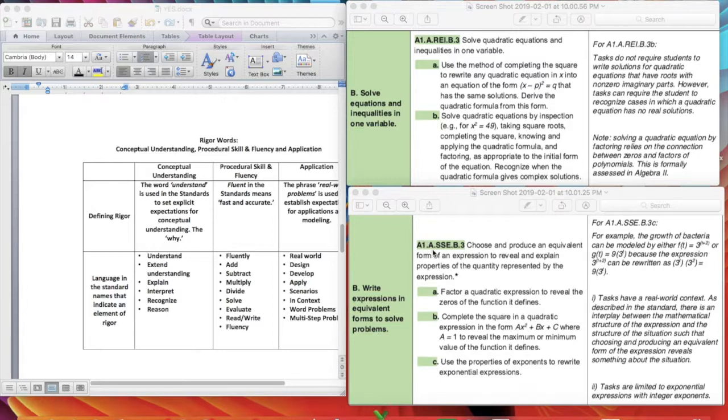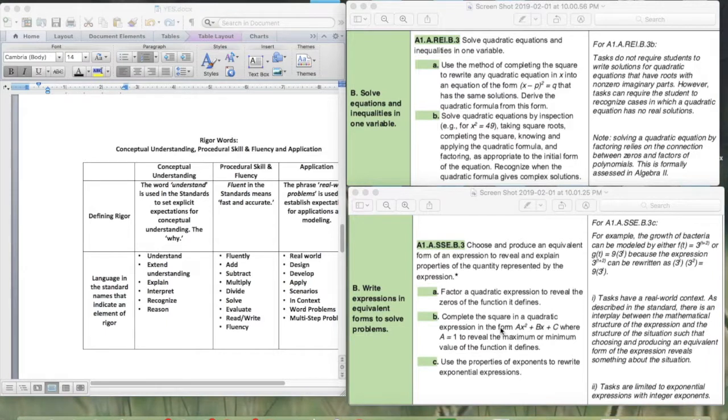Now we look at the SSE B3, which is choose and produce. The choosing is actually the conceptual part, because when we talk about Algebra 1 and seeing structure, we really want students to be able to use the structure to choose the best strategy to find the zeros, or which form makes sense in the particular situation.